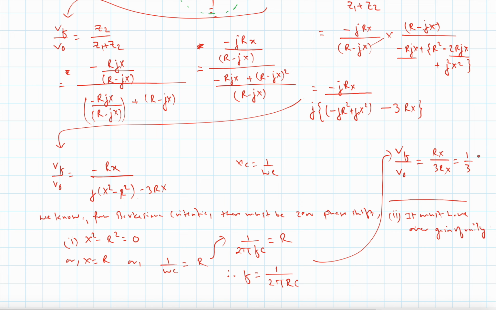Since here it is attenuated by 3, we have to make gain of 3. This 1 by 3 and 3 must get cancelled out to make 1, so that gain must be maintained by 1 plus R3 by R4 equal to 3. Therefore R3 is equal to 2R4, which I am going to show here.